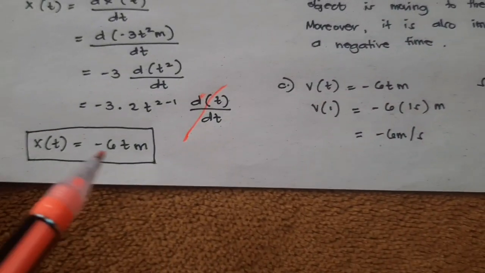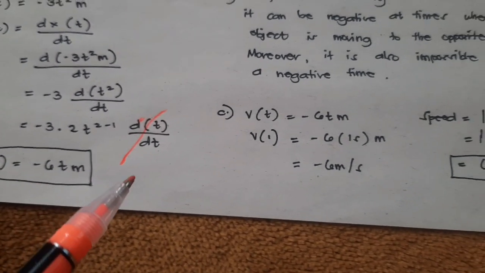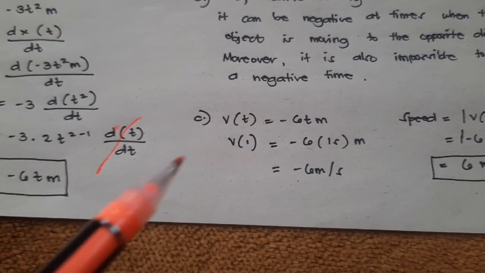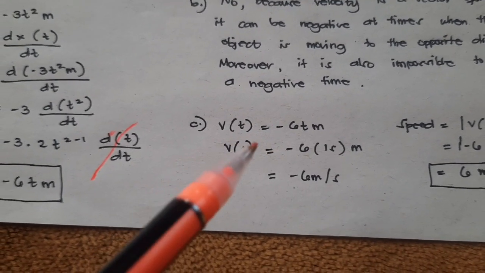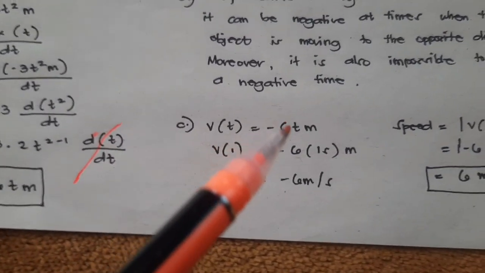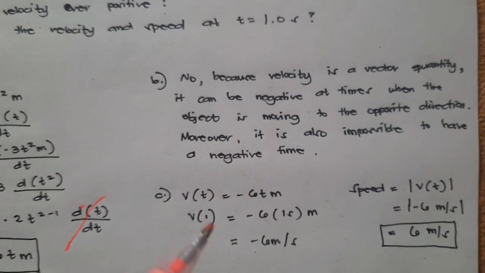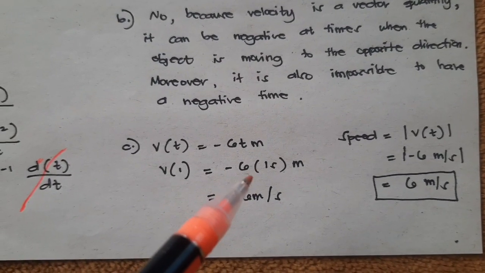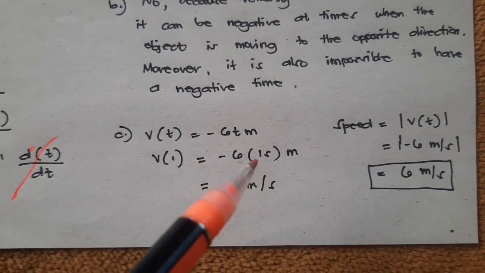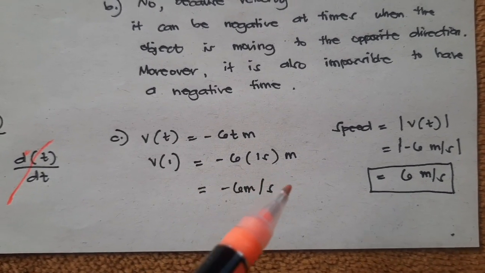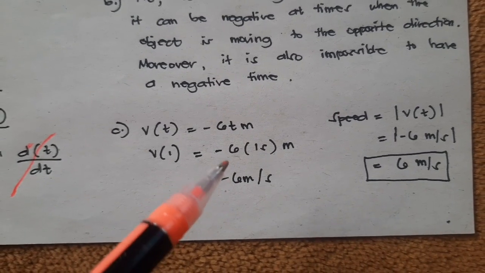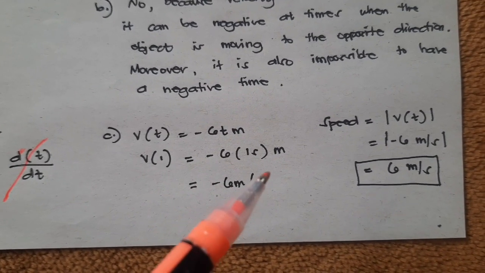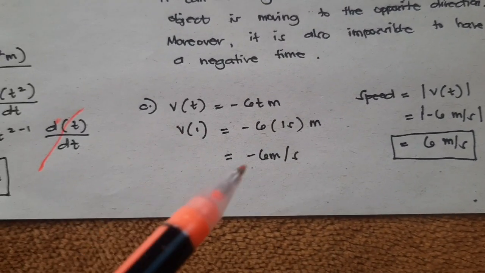So we substitute: our time is 1 second. So -6 times 1 is equal to -6 meters per second. That is the velocity.